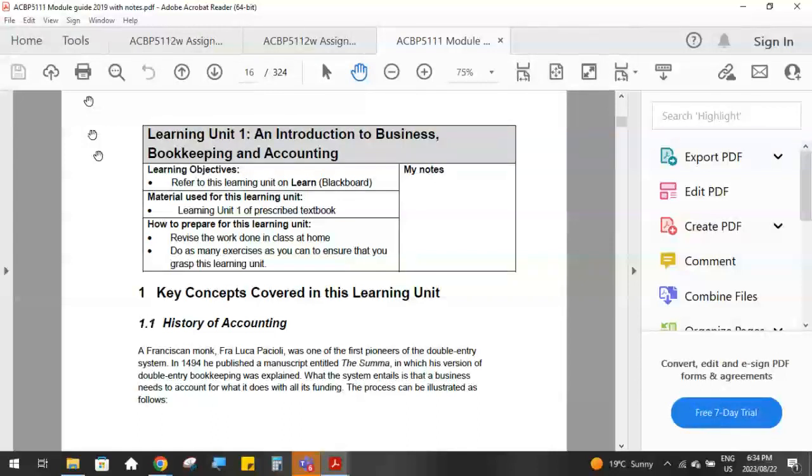And also guys, 99% of the work that you need for your assignments, for preparing for your exams, for all of your revision and studying, your textbook, the examples and questions in your textbook, and the information and activities on Learn is all that you require.